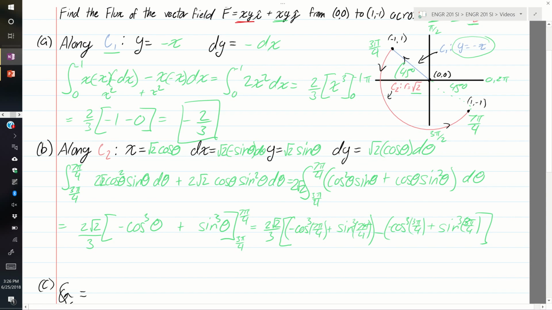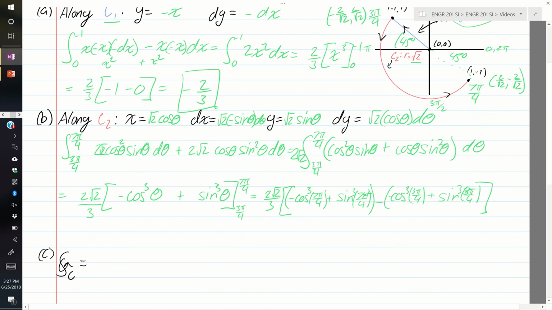So it should be negative 2 over root 2, 2 over root 2 for cosine and sine respectively, and then 2 over root 2, negative 2 over root 2 for cosine and sine respectively, dependent upon the radian. So for the first one, it'd be 2 square root 2 over 3 times negative cosine of 7 pi over 4.